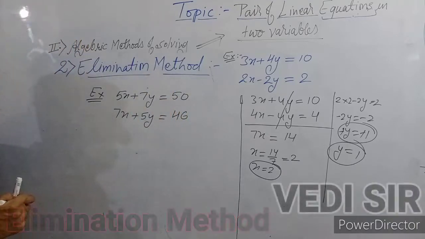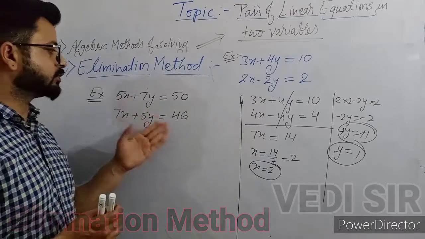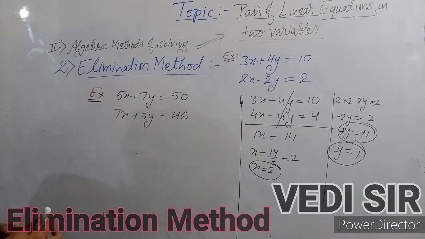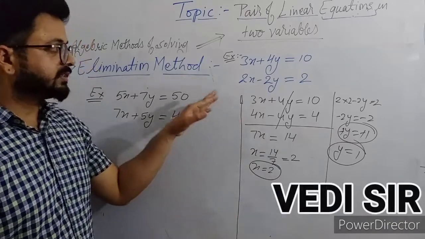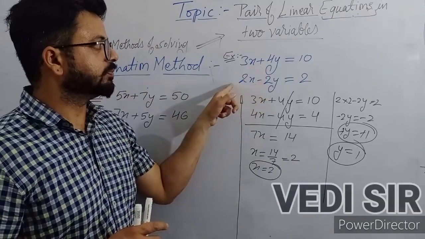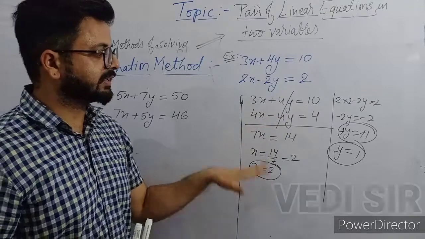We discussed this example two times, with the graphical method and the substitution method also. Now with the help of the elimination method also I am telling you how we will solve. Every time you will not get a situation like this, where by multiplying by 4 the coefficients come the same, and then we cancel and easily get the value.